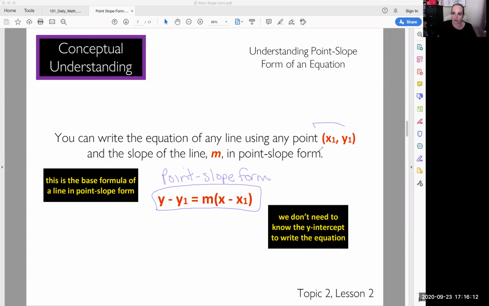So this is the point, right? This is the only point you're given. So you're given a point, you're given the slope, and you're going to write it in point-slope form. We don't need to know the y-intercept to write the equation. We can solve to find it if we want to, but we don't need it. So that is super, super sweet.